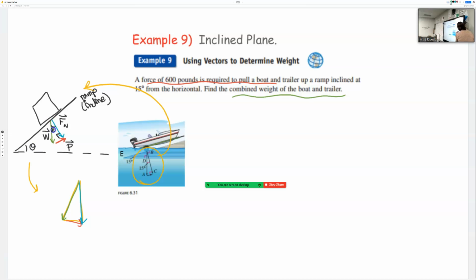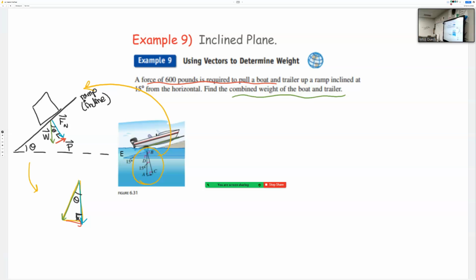Eventually, we would be able to show that this little triangle has the exact same angle within it of all these different forces as the original incline itself. I know it's weird because the incline is way over here, but with geometry we'd have to do a lot of work to show why it's true. Eventually we would get that this little triangle that all the forces make would have that little inclination right up there.